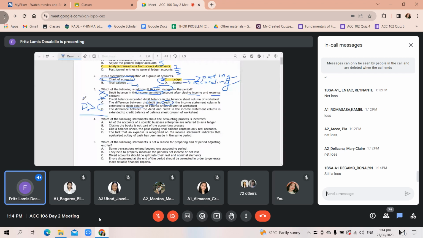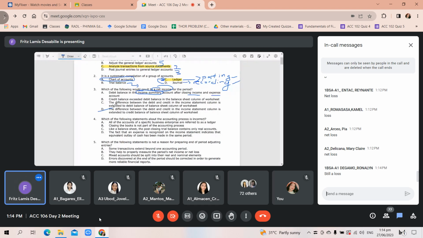Debit nato is expenses, credit nato is revenue or sales. So if expenses is higher than revenue or sales, it would result to a net loss. So kaning letter C and letter D, kahibaw na kamo nga either one of the two is the answer. Since this is wrong, automatically, we go to letter D.